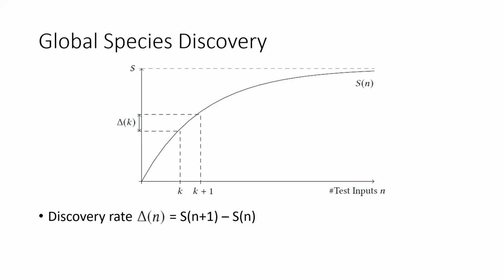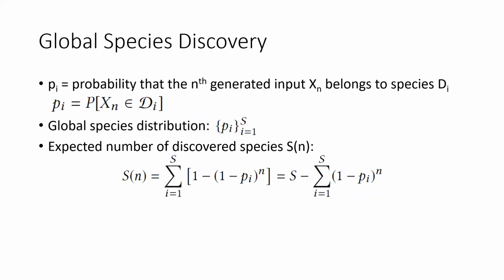Suppose I sampled 1,000 test inputs, and we have an expected number of discovered species. Can I look into the formula again? I'm not sure why that is the formula, and each PI is different, right?